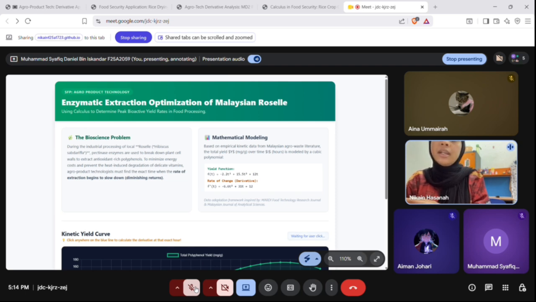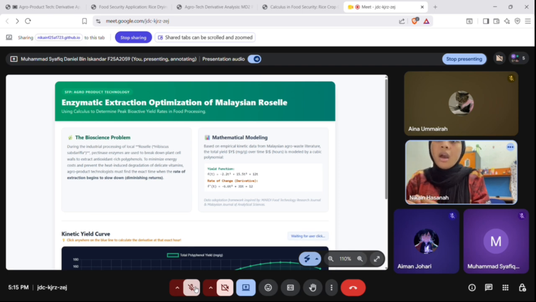If the extraction time is too short, the bioactive compounds are not fully extracted. But if the extraction process is too long, the extraction rate slows down and may reduce product quality due to heat degradation. Therefore, this project uses calculus and mathematical modeling to determine the optimal extraction time and maximum yield.